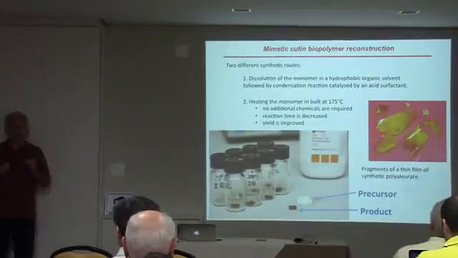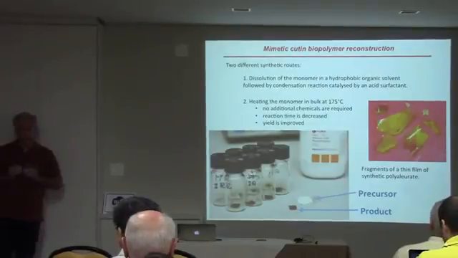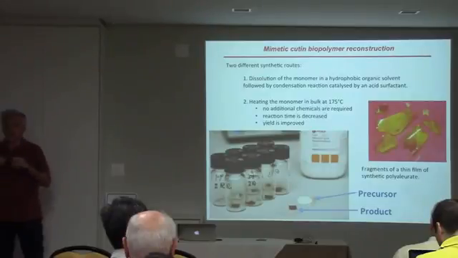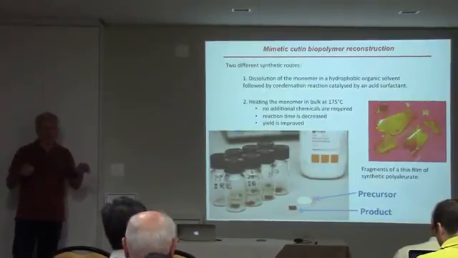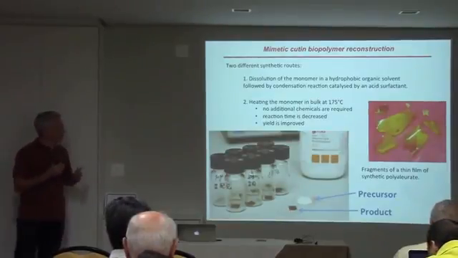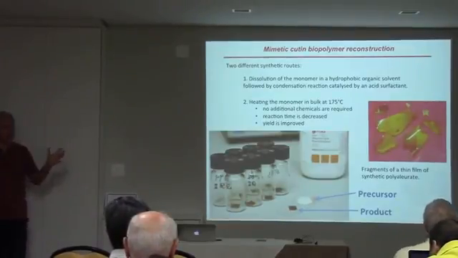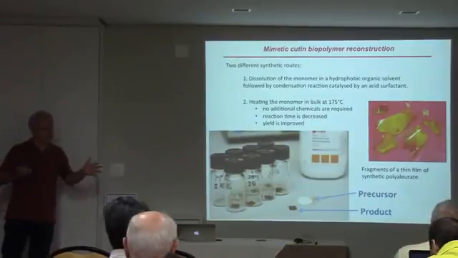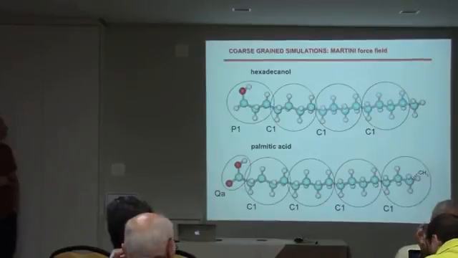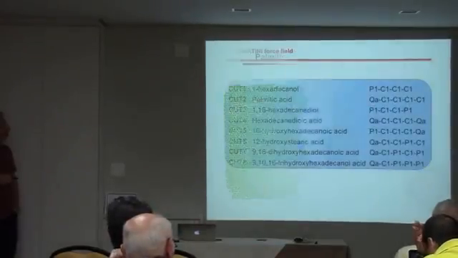And then we are trying to study segregation problems that appear when we mix different monomers. And with atomistic simulation, we are having some difficulties to tackle larger systems. That's why coarse grain simulation could help.